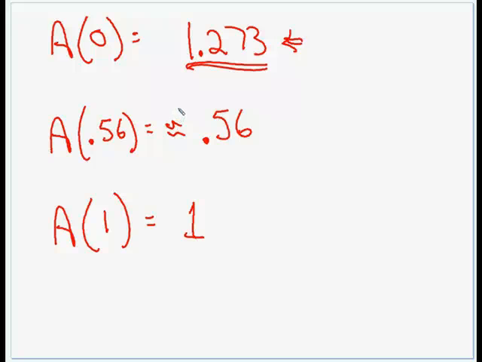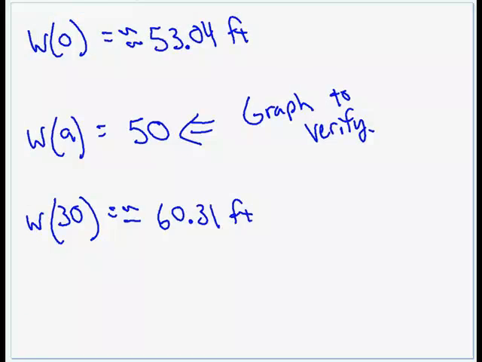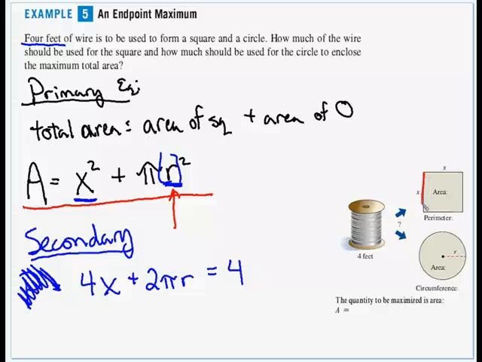What does that mean? Remember what x stood for. If we go back to the original setup, x was the length of one side of our square. And what this is saying is, let x equal 0. Do not use any of your 4 feet of wire to make a square at all. If you want to maximize your area, use all 4 feet to create your circle.